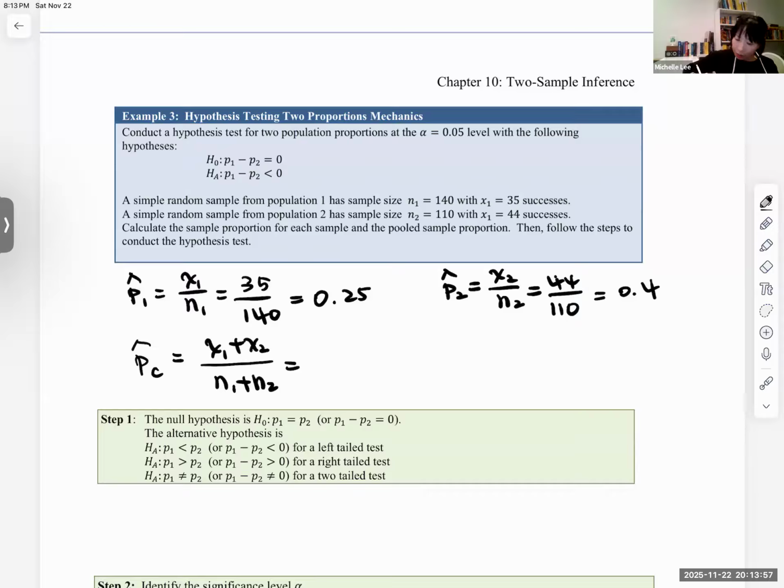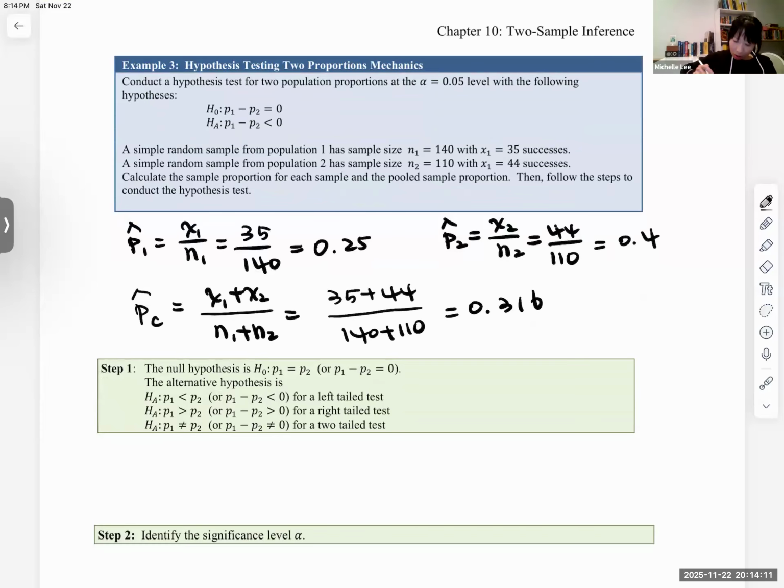So we have 35 plus 44 over 140 plus 110. So 0.316. Yeah, good. Now, step one, we need to determine left tail, right tail, or two tail.